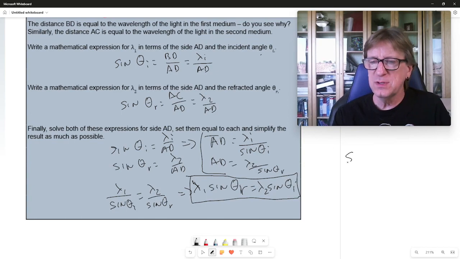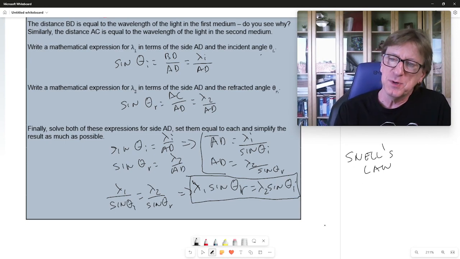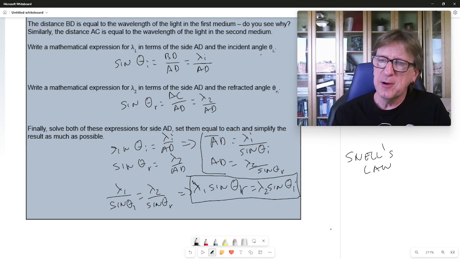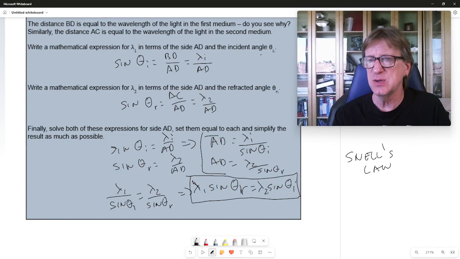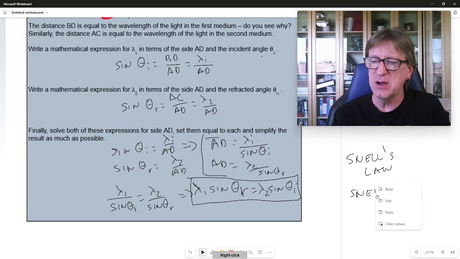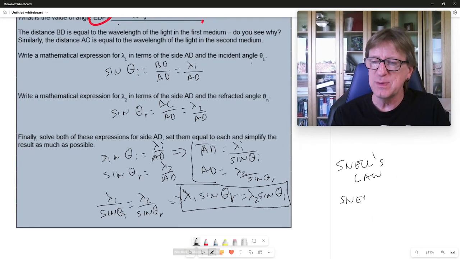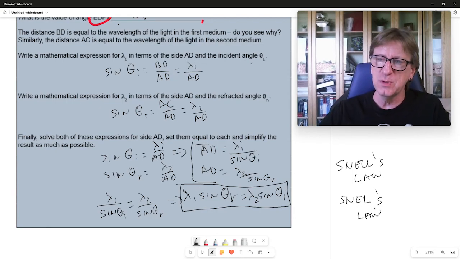And just as a side note, you'll see this in most physics textbooks written this way with two L's, particularly most American textbooks. Snell lived in the 1600s, and we only have a few documents where he actually signed his own name. And in most of those, and most of the ones that were written by him himself, he seems to have spelled his name this way with one L. So that's the convention that we'll stick with here.